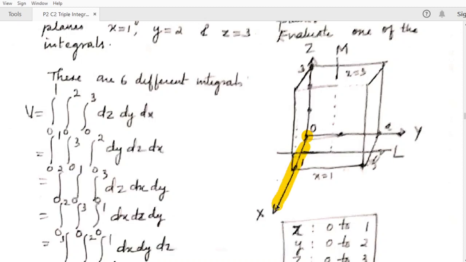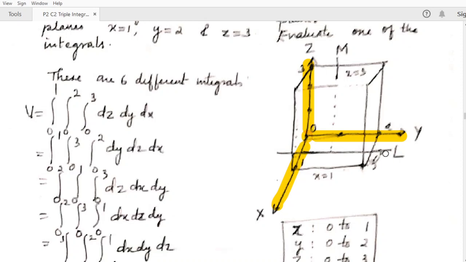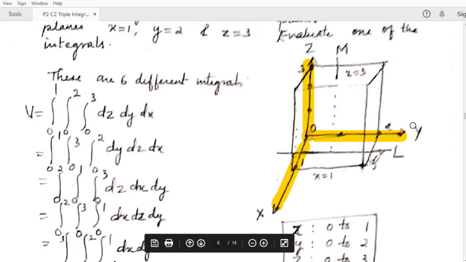Then the first octant is the space containing the positive parts of x, y and z. All x, y, z should be positive.